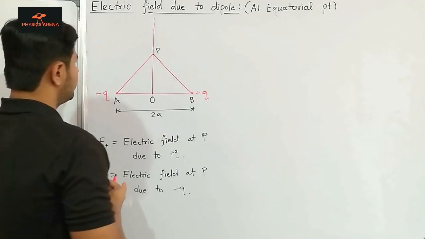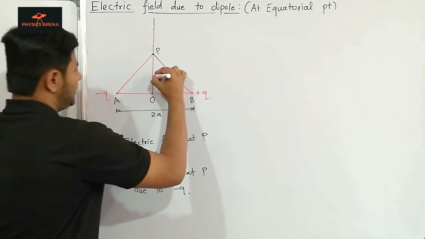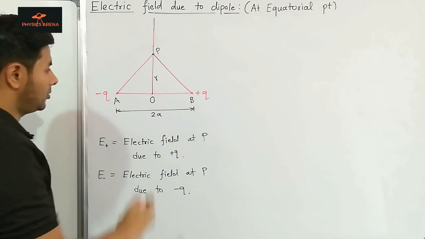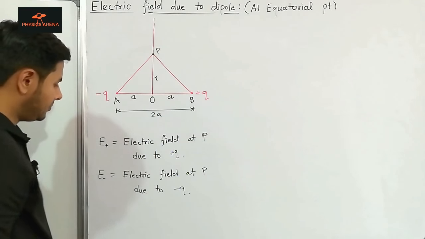Suppose this distance from O to P is r. This distance is a, this distance is a.